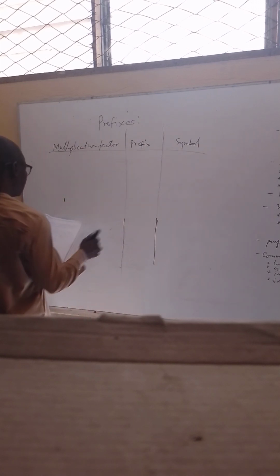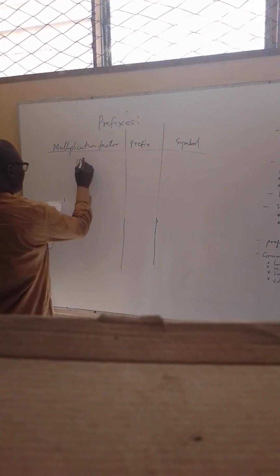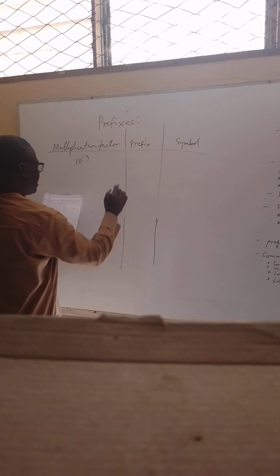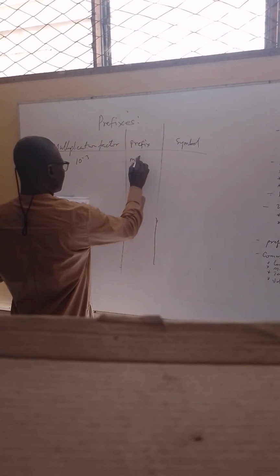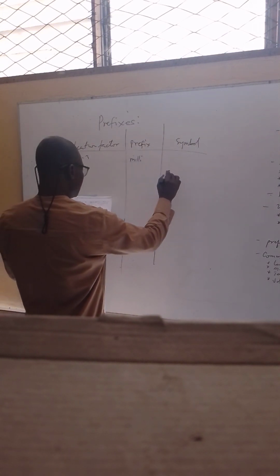And then 10 to power minus 3, we have milli, and it's m.